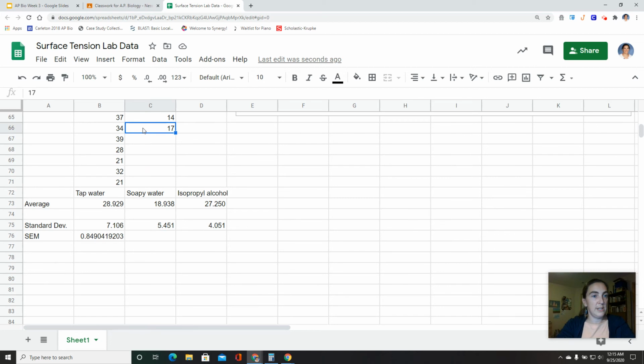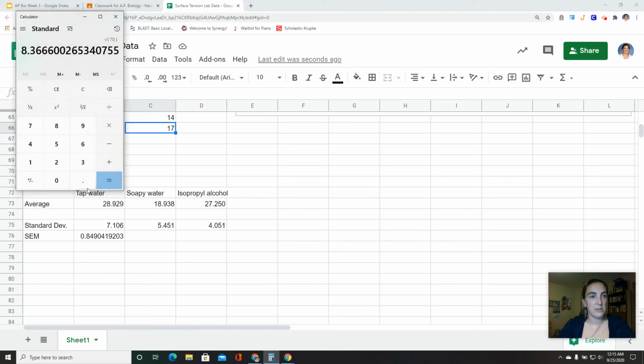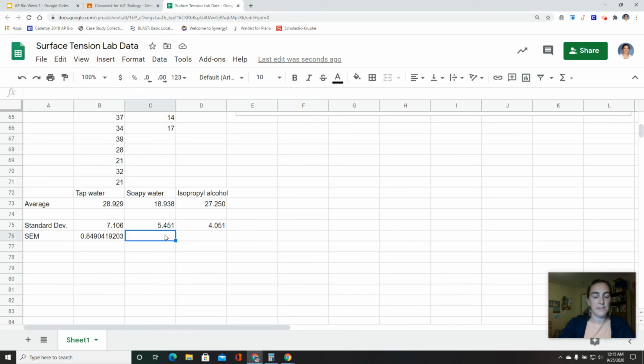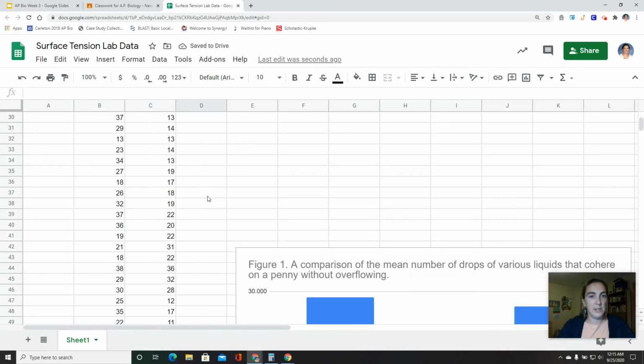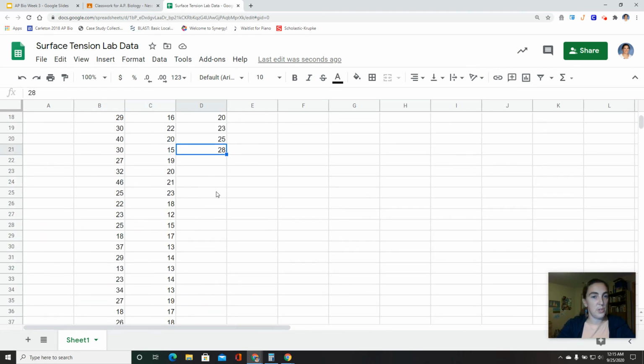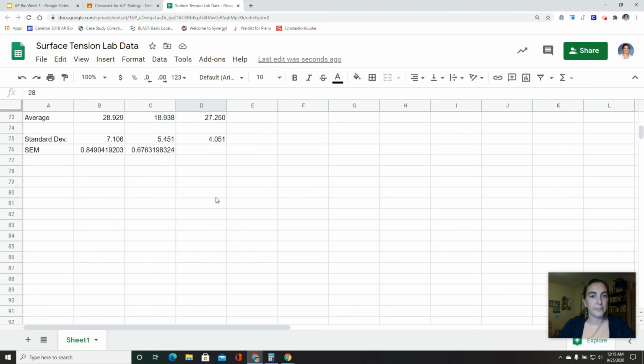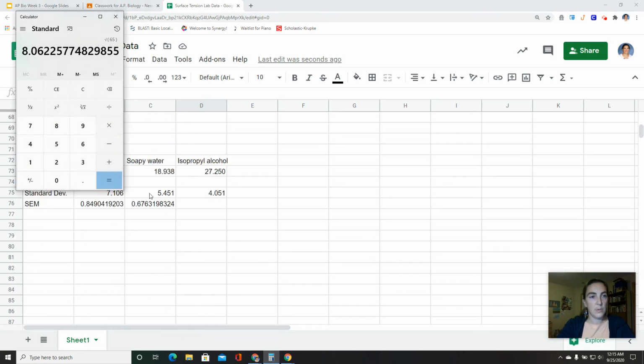This one has 65 data points. So square root of 65 is 8.06, divided by 8.06. And the last one, how many data points do we have there? 20. Square root of 20 is 4.47.